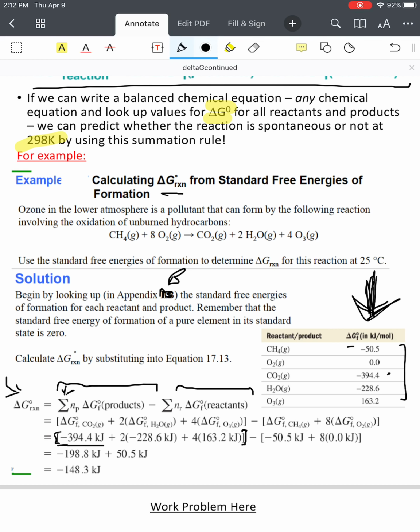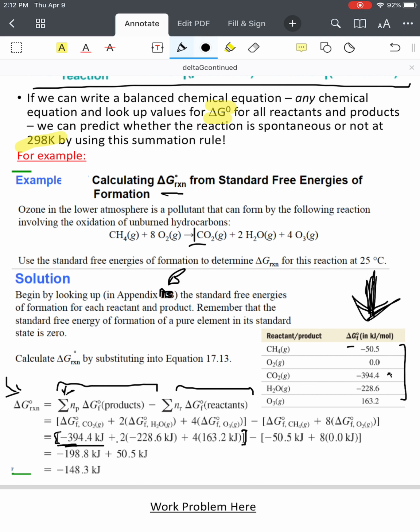It's my delta G0 formation for CO2, isn't it? If I look back to my balanced chemical reaction, what's my stoichiometric coefficient for CO2? Isn't it just a 1? So I'm going to take that stoichiometric coefficient, which is 1 for CO2, and multiply it by negative 394.4. So the 1's not shown, but it's part of the mathematics, okay? That's my term for CO2.